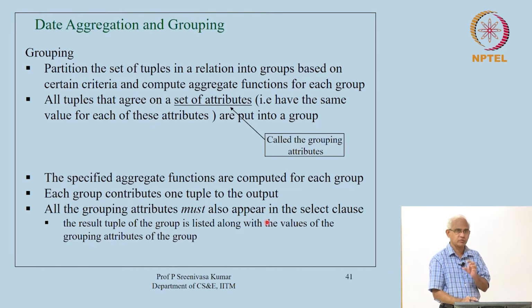The aggregate functions will be reported group wise, and each group is identified by the values of the grouping attributes. And that is why in the output schema we need to have the grouping attributes, and then the aggregate function values. So, the result tuple for the group is listed along with the values of the grouping attributes for that group. Okay. So, let me illustrate this with examples.